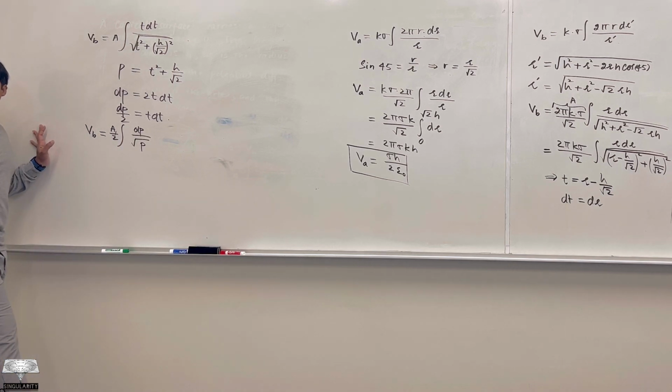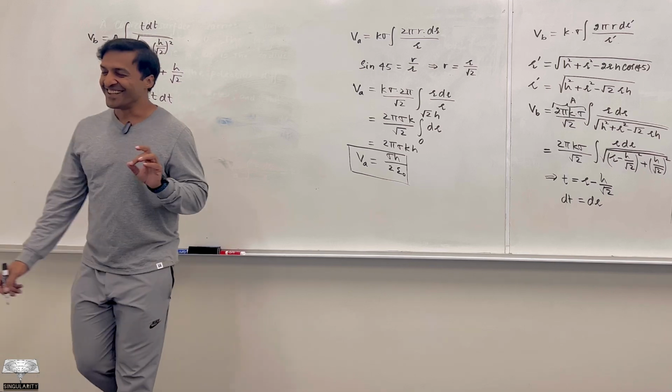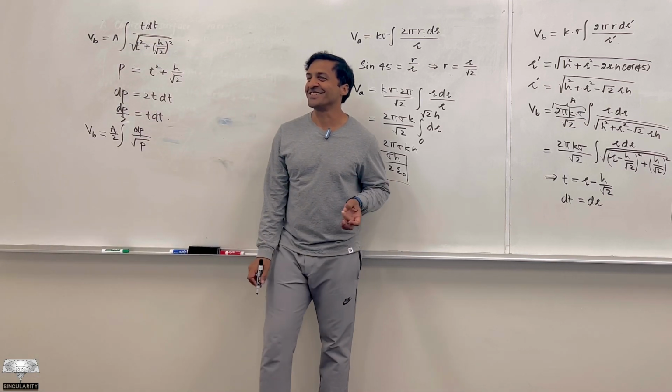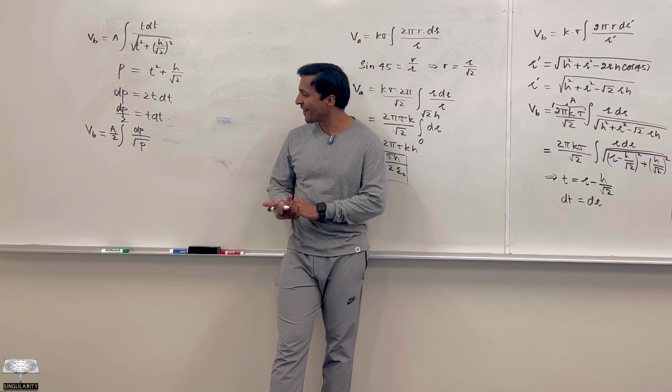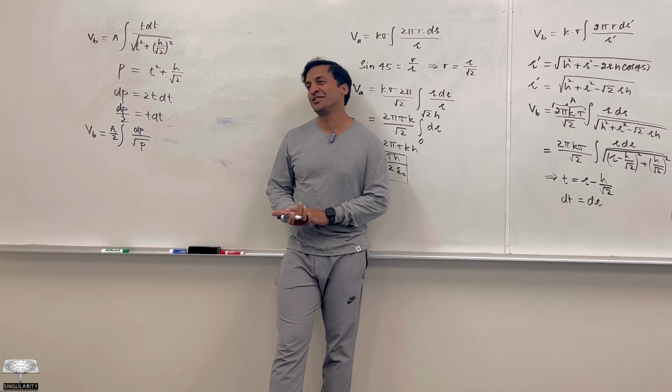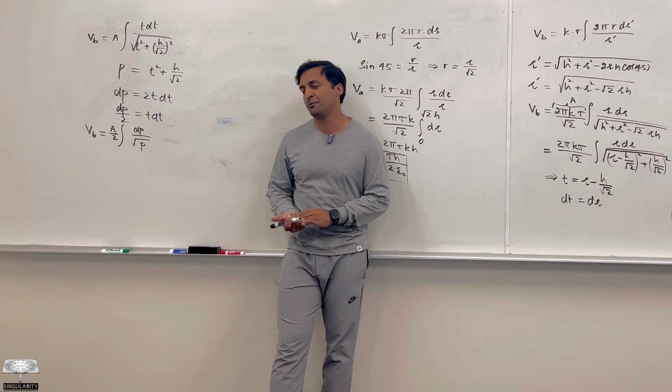Yes? I understand everything, but I just don't understand why you chose that for p. Everything below makes sense if you say p is equal to that. Well, you learn these things with experience. It's just substitution. You can actually substitute t equals h divided by square root 2 times tan theta, and you can solve it here.